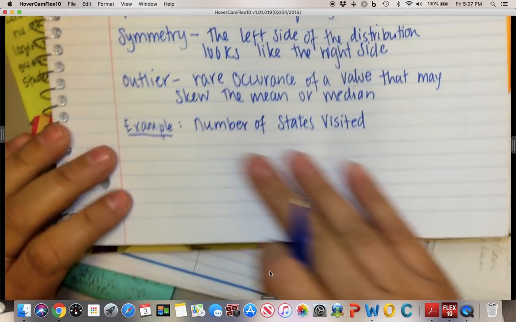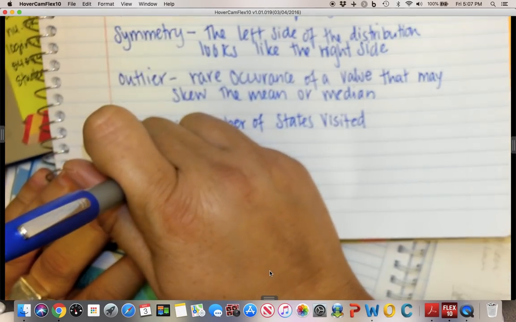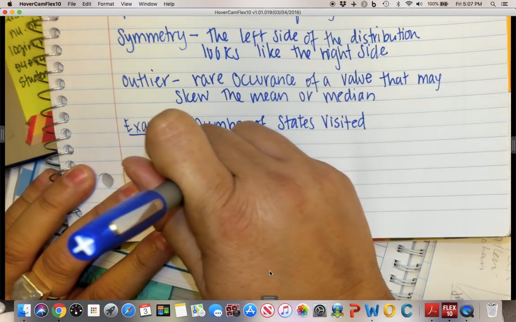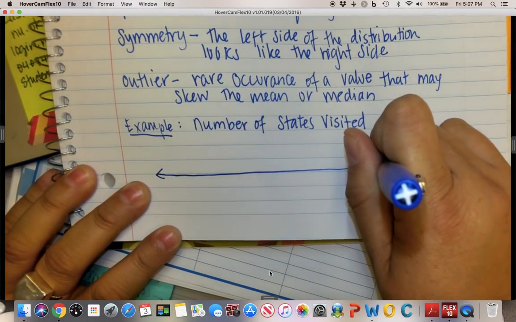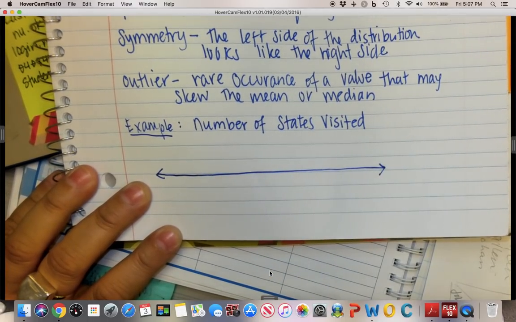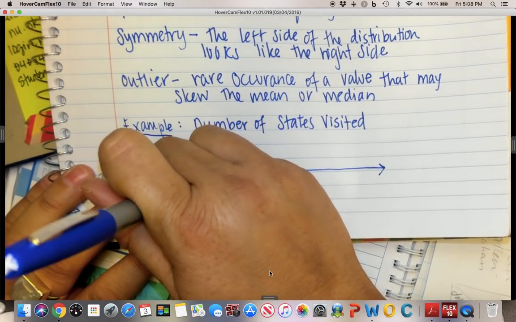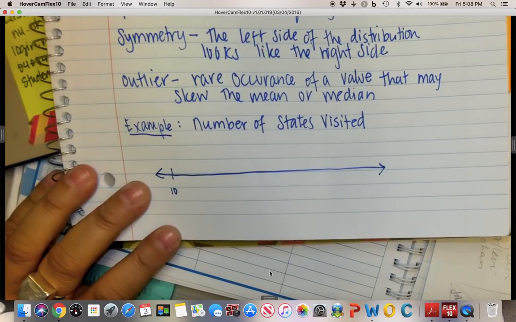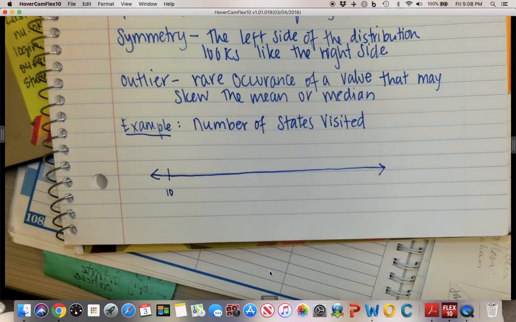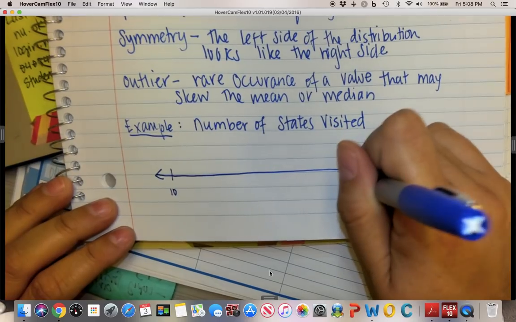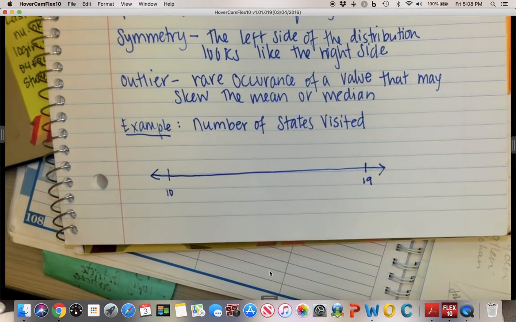Okay, so I'm going to make a graph that shows the amount of states. So the lowest number that someone went to was 10, and the highest number that someone visited was 19.